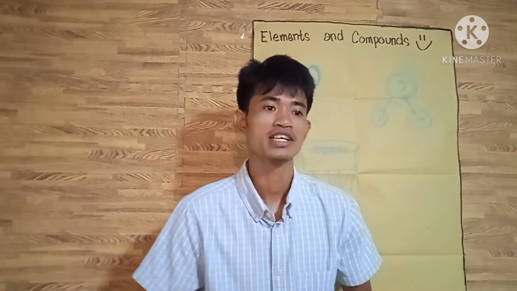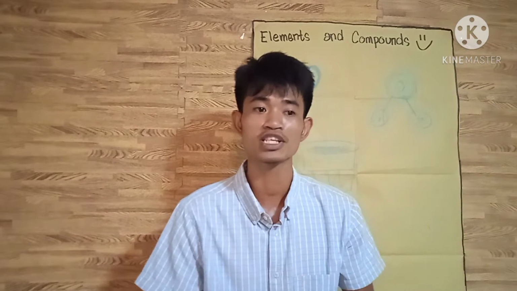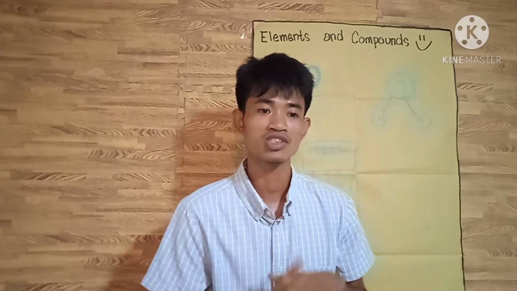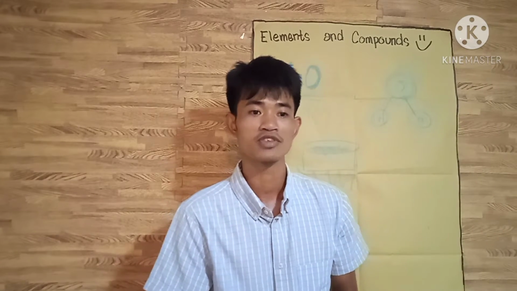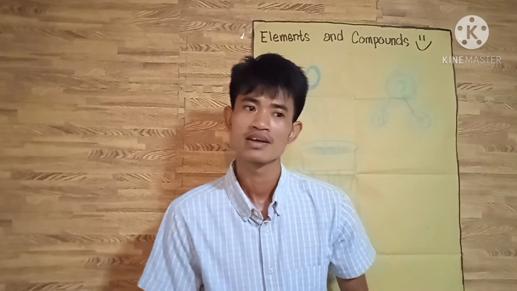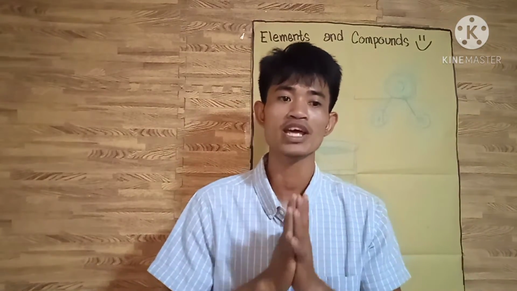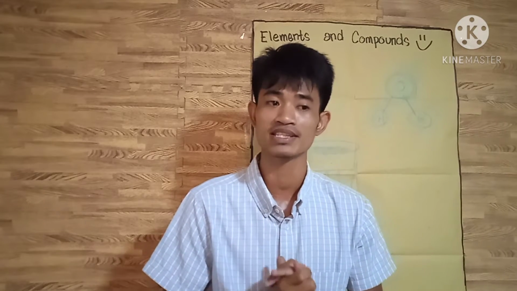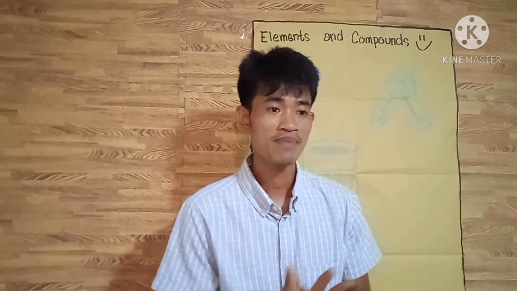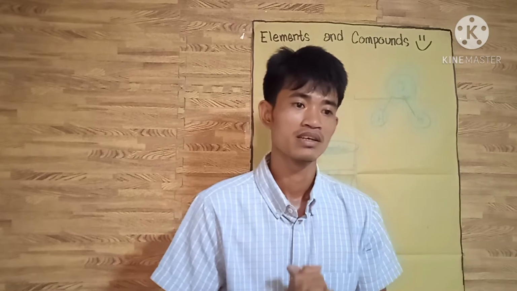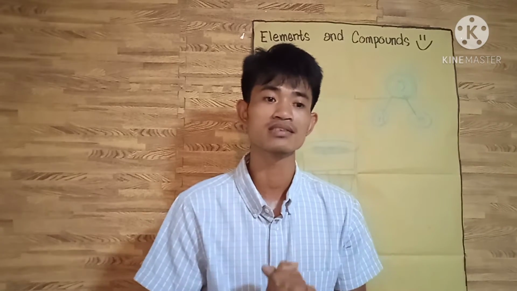An atom is the smallest particle of an element that can take part in chemical reactions. A compound is a substance formed from two or more elements chemically joined or bonded together. A compound has a definite chemical composition and hence a specific formula.